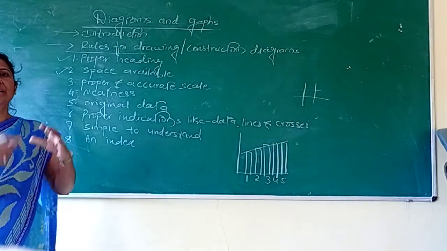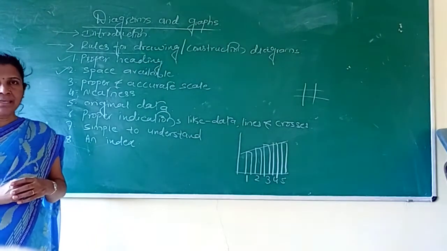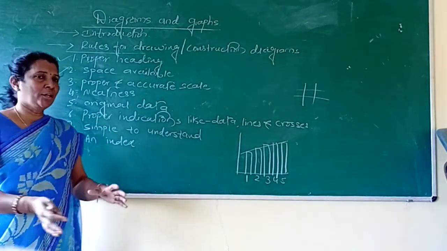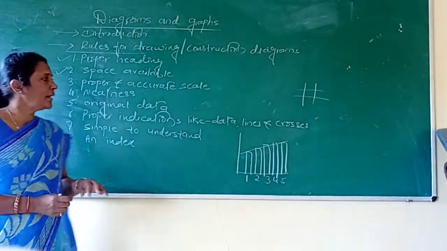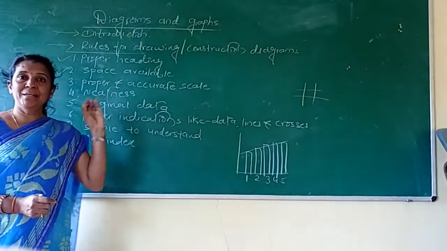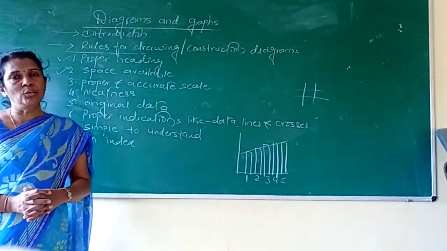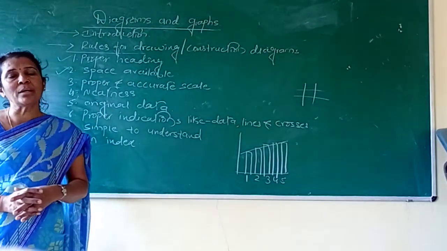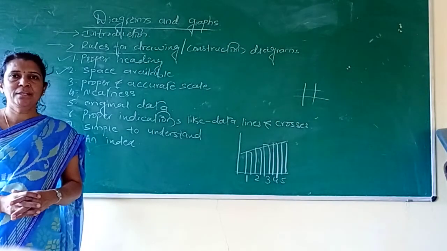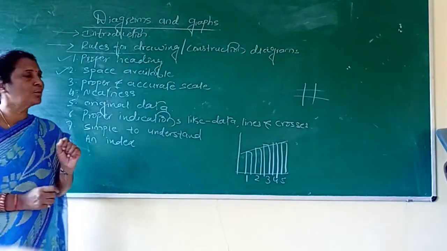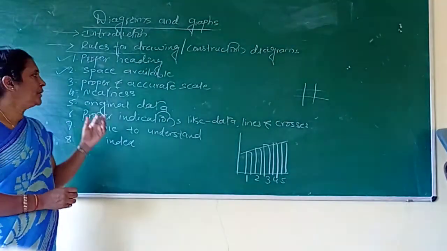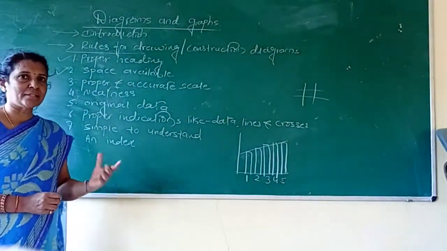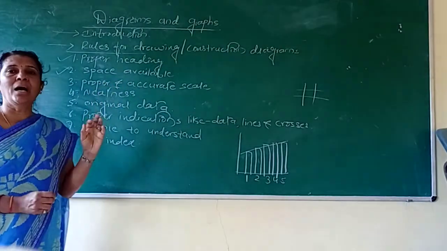So it has to be according to the space available and it has to be attractive to those who look at or read it. So the second rule is that your diagram should be according to the paper size or space available.